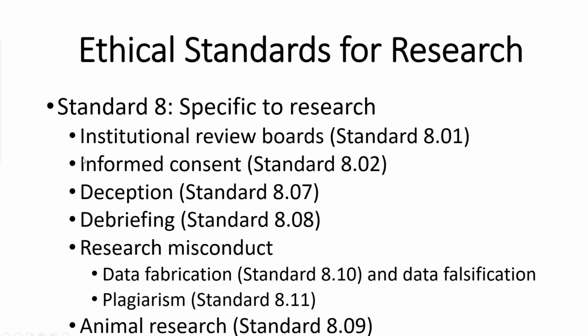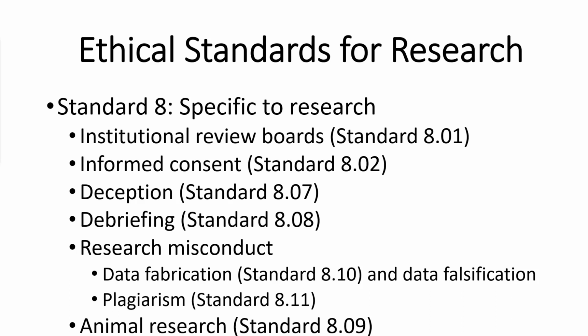The next specifies some of the details of informed consent. And this specifies that this explanation that we have of our study has to be given to participants in written form.